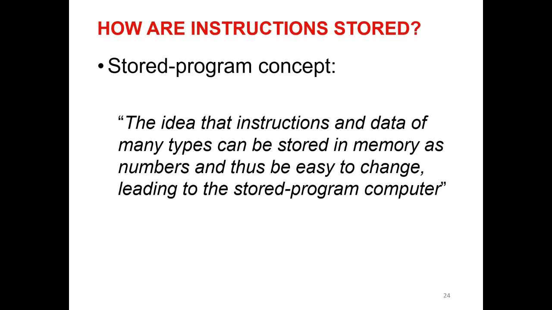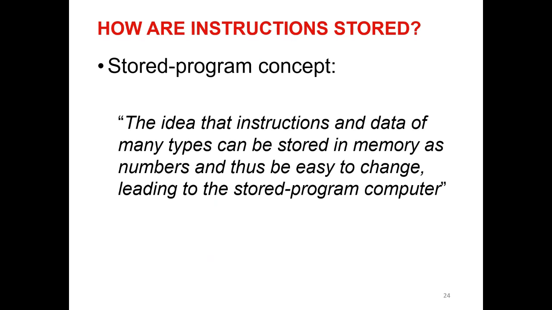It basically refers to the idea that everything, instructions and data, is stored in memory and is accessible from there. It's stored in the form of zeros and ones, not only the data but also the instructions. And you know now how those instructions are represented in zeros and ones.